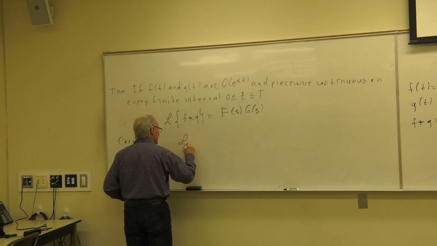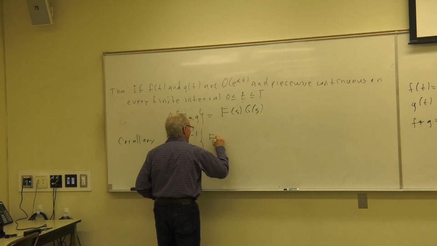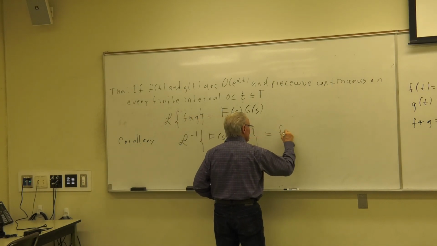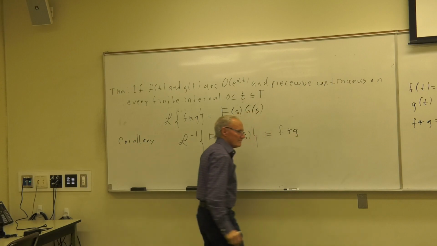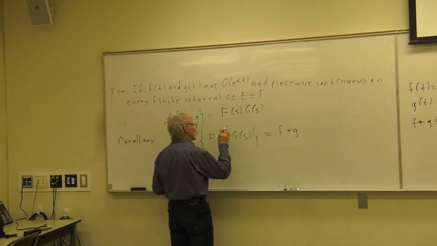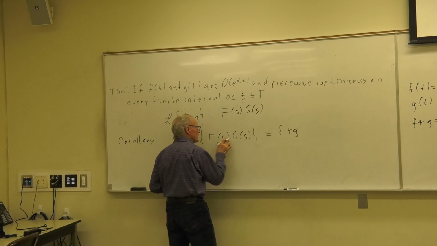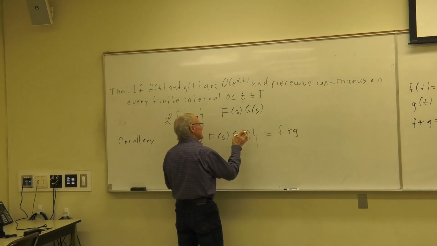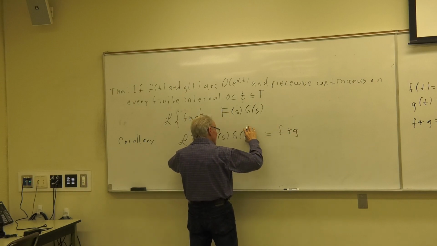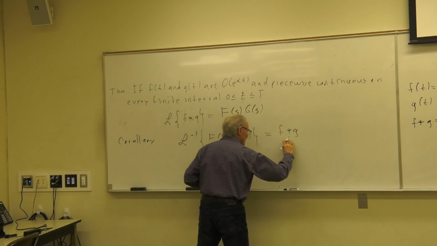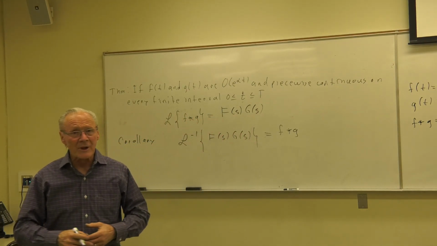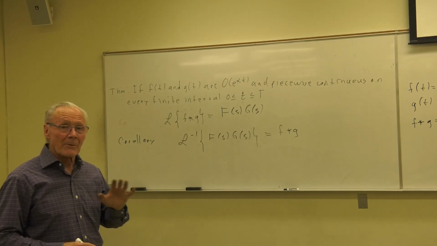It says the inverse transform of f of s times g of s is equal to the convolution of f and g. So if you've got two functions here, if you know the inverse transform of this one, that's the f, and if you know the inverse transform of this one, that's the g, and you want the inverse transform of the product, you can take the convolution of those two guys, and you will have the inverse transform of the product.